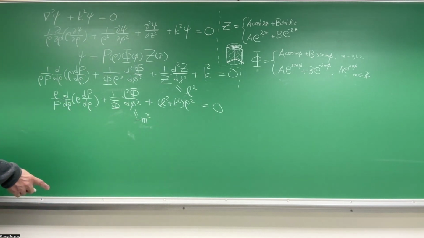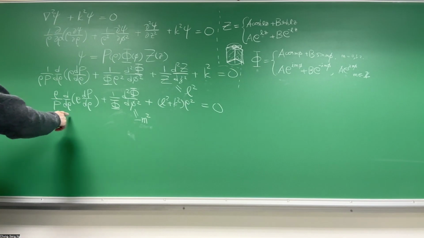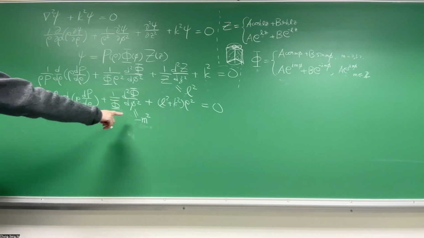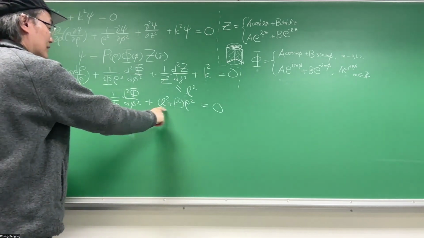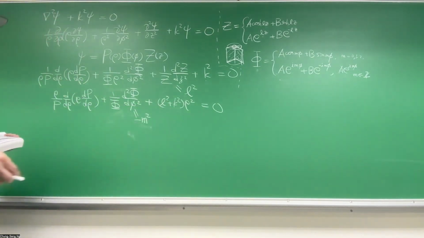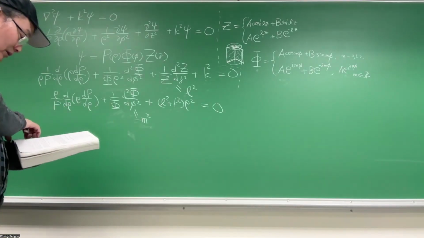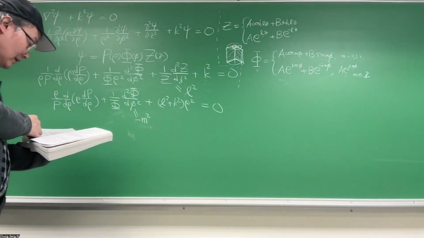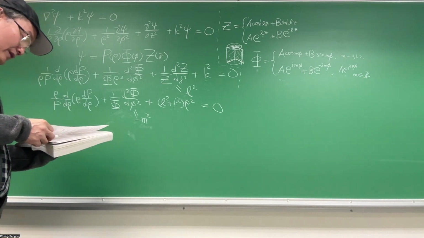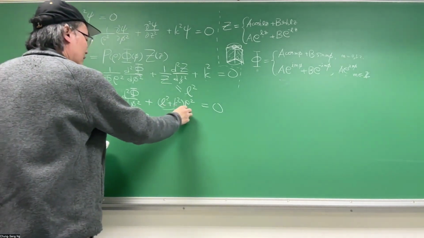Okay, so finally, we get one equation, because this is just minus m squared, and this is L squared plus k squared. And I think your textbook introduced another parameter, called n squared.